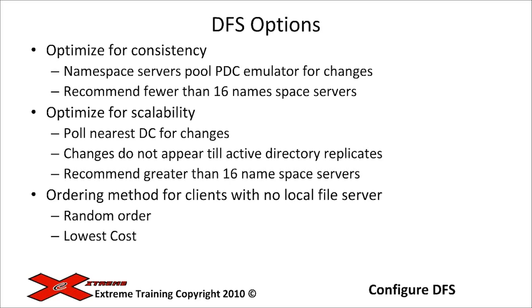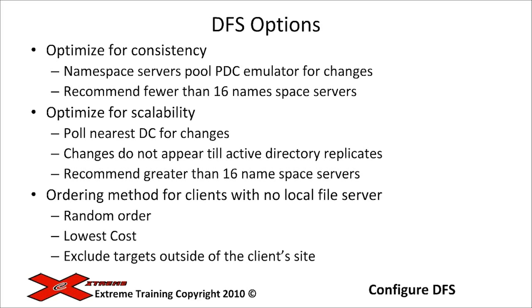To prevent this from happening, you can choose to exclude targets outside of the client's site. Selecting this option will mean if the local server is not available, the client will need to wait until the server is back online before it will be able to access the file share. This prevents the client from accessing the data over the WAN link.